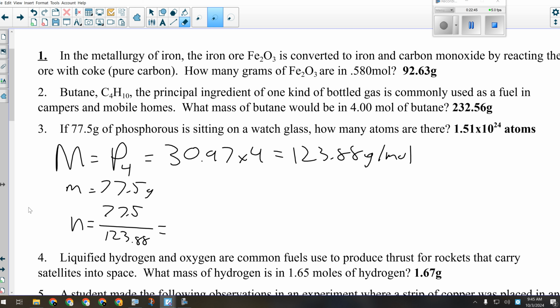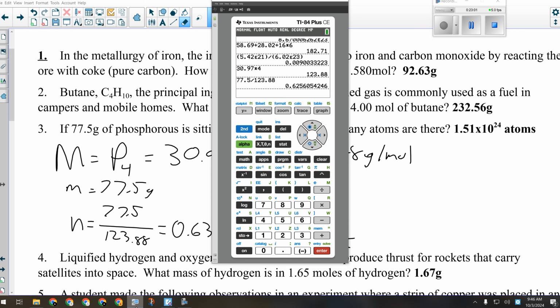I'm going to keep all the decimals, I'm just going to write 0.63 moles. Now if I take that to calculate the number of molecules, I would multiply by Avogadro's number, 6.02 times 10 to the 23. Okay, so I get that number.